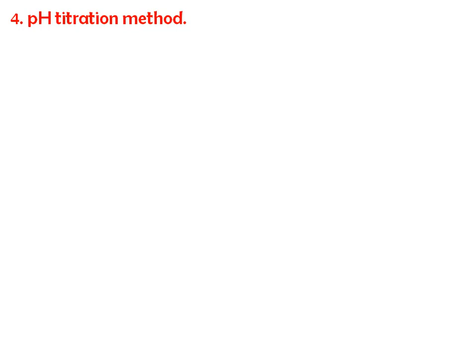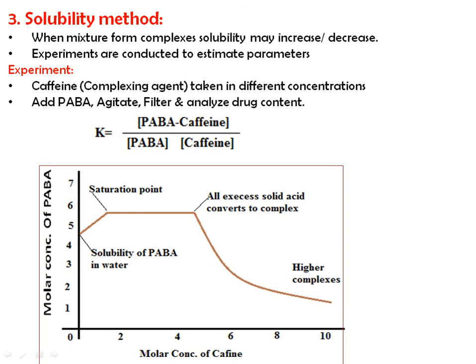The solubility of drug increases because of the formation of this complex. Then both drug and your complexing agent are saturated, and so after saturation you will get a constant value of solubility.